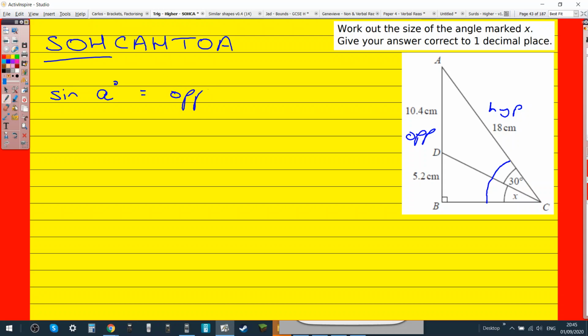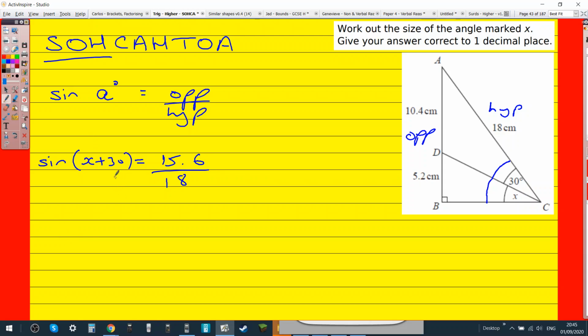Yes, but that's not the formula. Opposite over hypotenuse. There's a reason why. 15.6 over 18. What is the angle? The angle is x and 30 degrees. Well done. So that's like x plus 30.